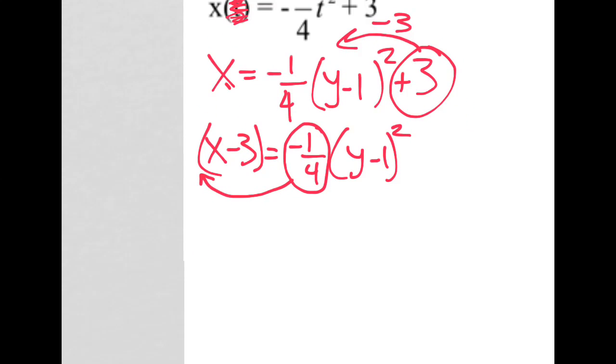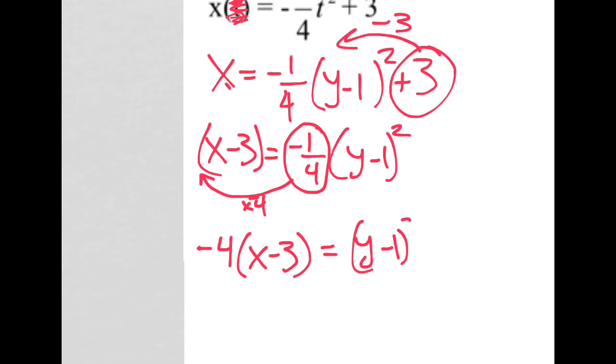To move that over, I'm multiplying by negative 4, which means that I'm going to end up with a negative 4 coefficient out in front of that x minus 3 equal to my y minus 1 expression squared, right? Because I multiplied by negative 4 on both sides. That gets rid of the denominator of 4 and it gets rid of the negative, so that my expression on the right has nothing in front of it, which is how we want it.